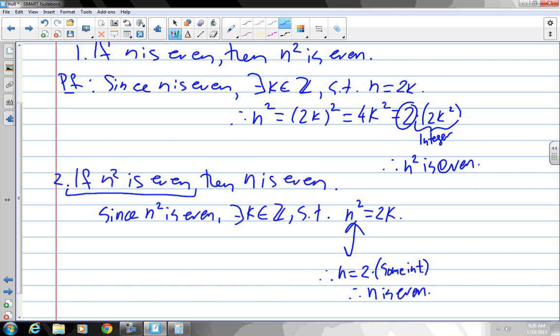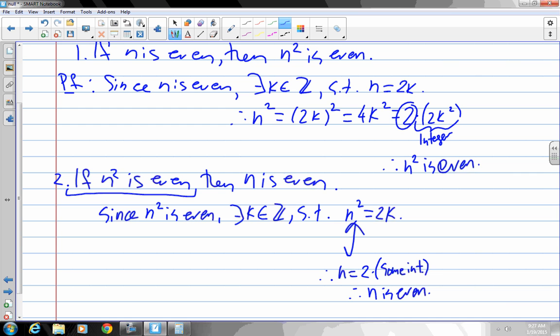Because look, n is either even or odd, right? There's no third option. There are no numbers that are neither odd nor even. Each integer is either even or odd. So if I want to use contradiction, I'm going to assume the opposite. I'm going to say, well, let n be odd, and I'm going to see where that leads me.